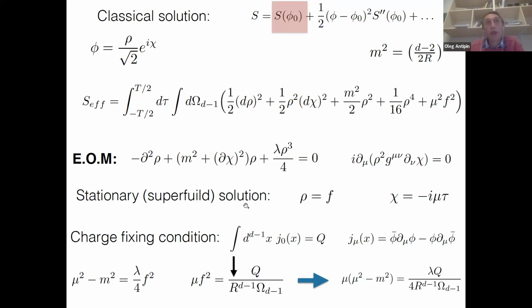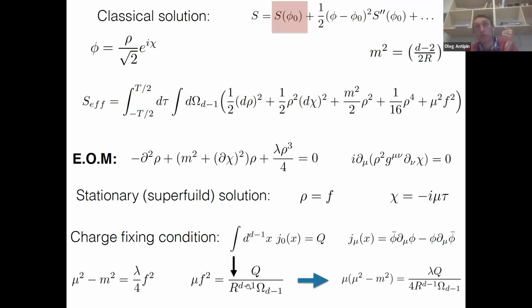This is my choice for the profile, for the saddle point. And you have to fix the charge of the system, as I mentioned. As usual, the charge is defined by the zero component of the current, which is given by this for this U(1) theory. You plug in phi in polar coordinates. You see that the left-hand side gives you mu times f squared from this integral.